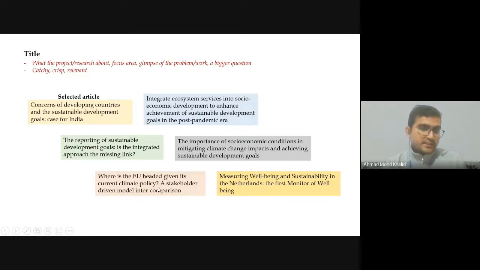The author is trying to tell the audience or the research community what the current climate policy in Europe is and where they are heading. And for illustrating that, the author has used a stakeholder-driven model and compared that. So this is very much clear from the title.